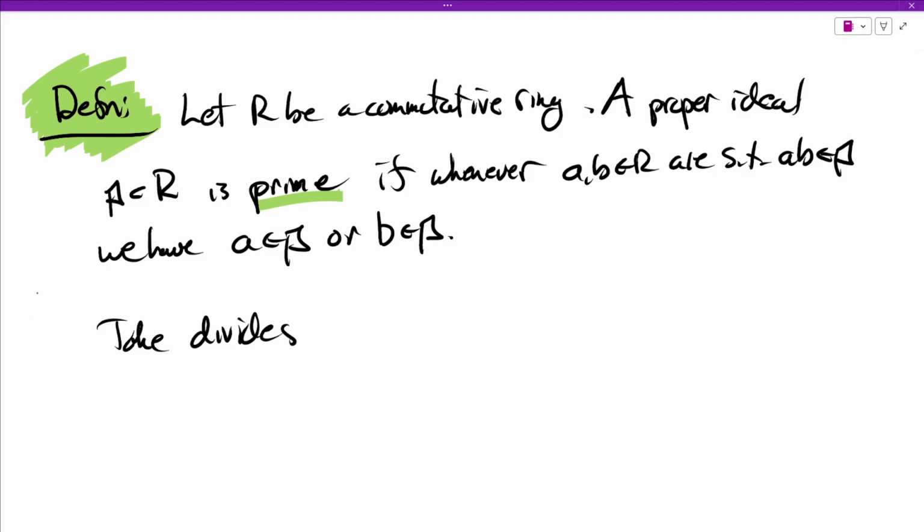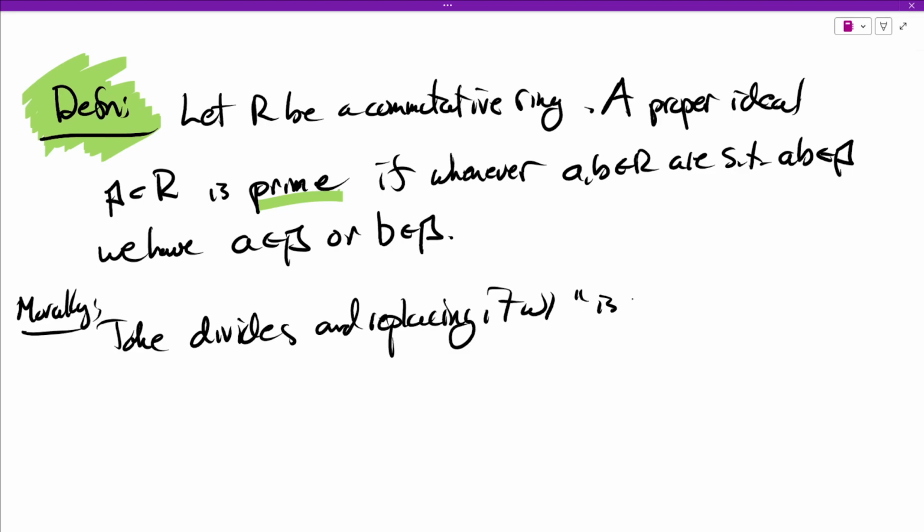But morally, what we're doing is taking divides and replacing it with is contained in. So we get rid of divides in the definition of a prime number, and to make a prime ideal, we use what we have, and that's containment.